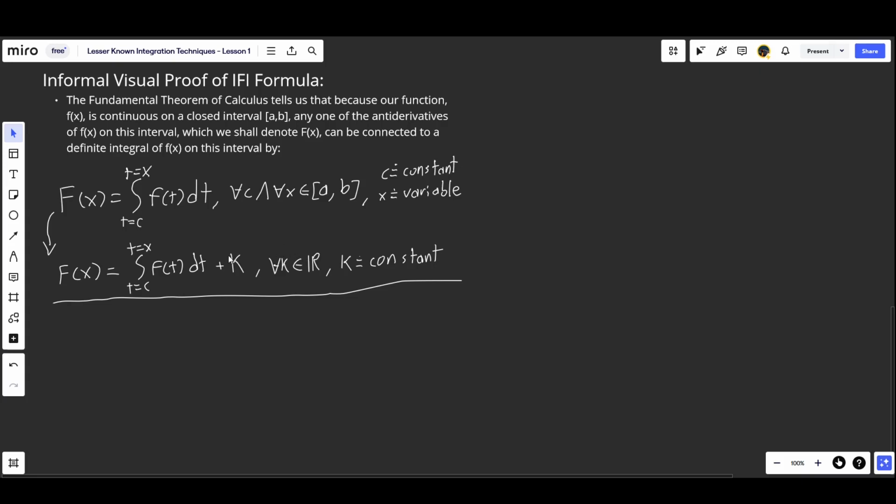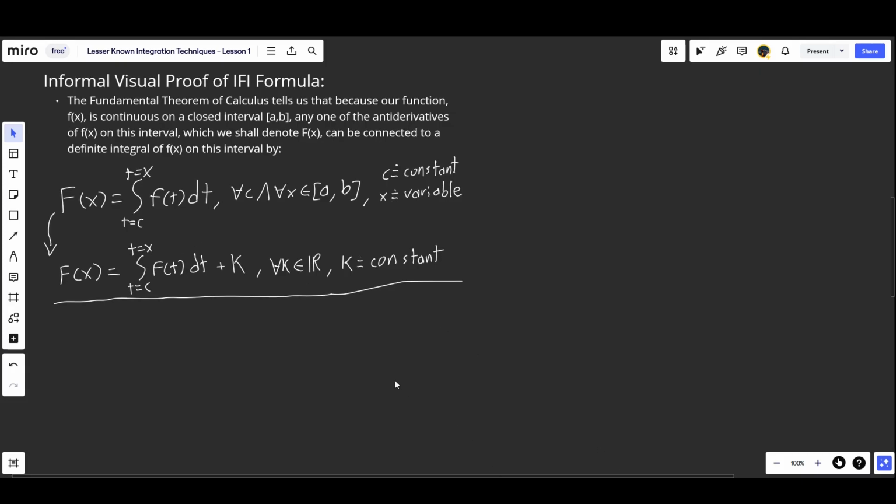And this allows, by varying k and c, capital F of x to represent every single possible antiderivative that f of x can have. The addition of this extra constant doesn't actually make much of a difference in the grand scheme of the proof, but I'll include it anyway for completeness.